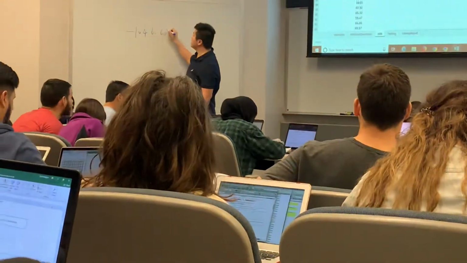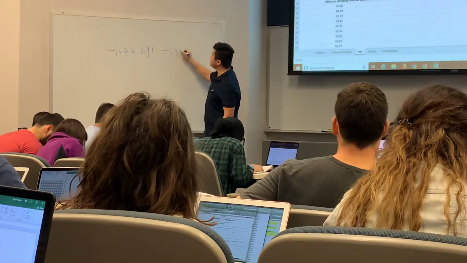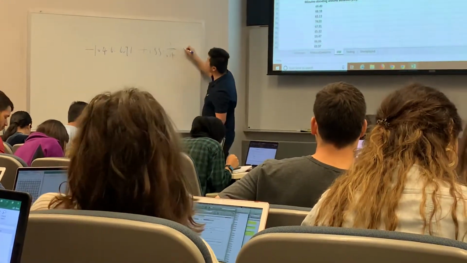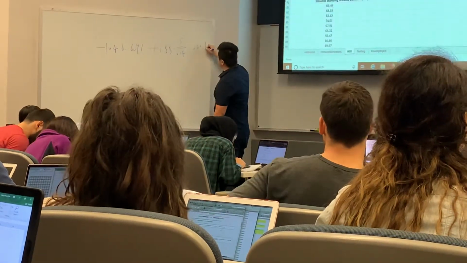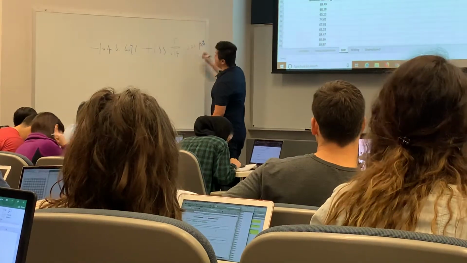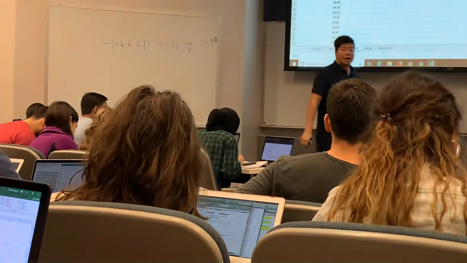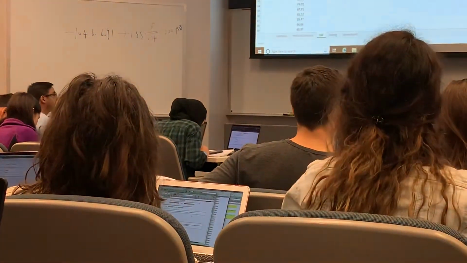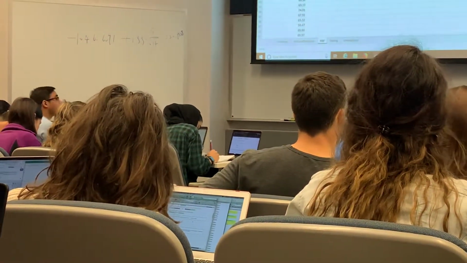Negative 1,046.6091 plus 1.88 times sigma over square root 14 equals 222.7538. Now solve this for sigma. Usually we will get a 2,000 or 3,000, which is fine. We will get a large standard deviation.